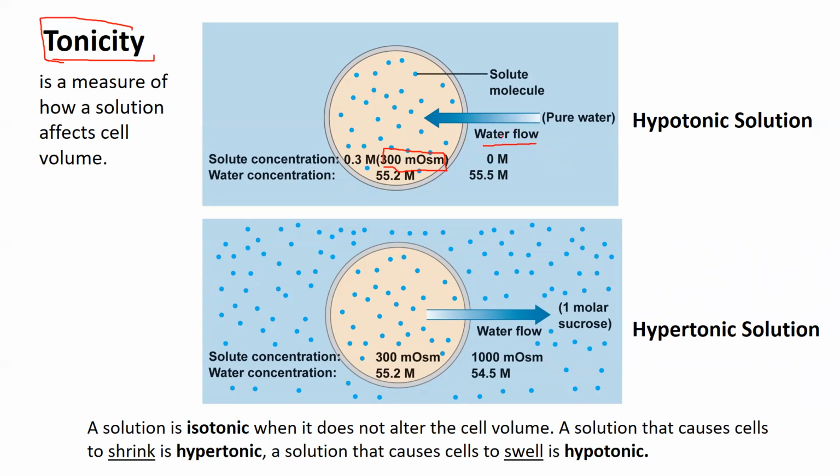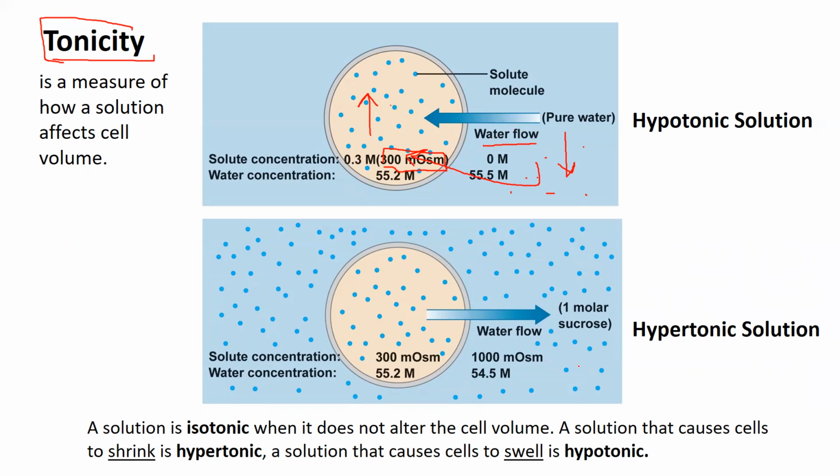So basically here in the pure water, we have low osmotic pressure, right? Because there aren't many solutes in here, whereas inside the cell, we have higher osmotic pressure. And so water will move from outside to inside, and this will make the cell swell, okay?